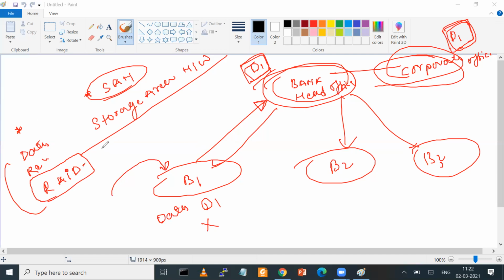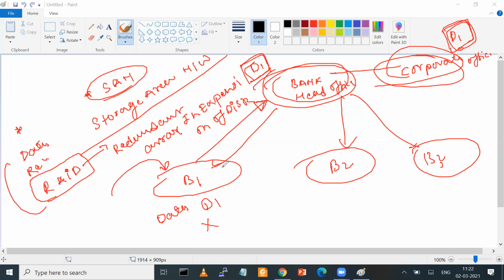And the technology we use for storage area network is RAID, redundant array of independent disks. In the case of storage area network, we have disk or hard disk wastage.